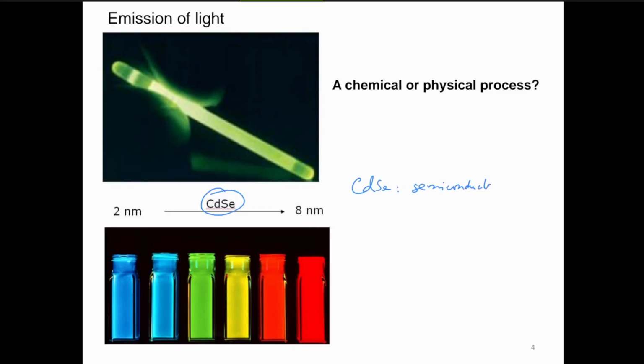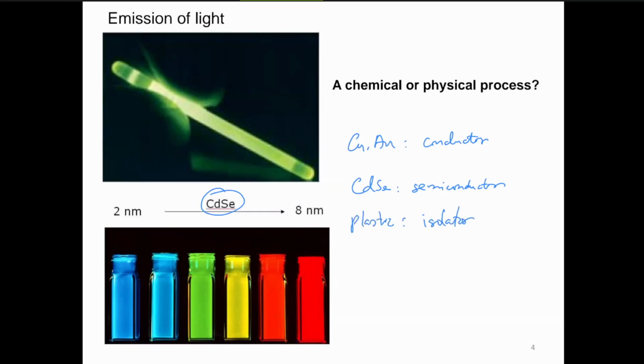So basically, when you classify matter in terms of electrical conductivity, you will have conductors, for example metals like copper, gold. You have semiconductors like cadmium sulfide. You have insulators, for example plastic.